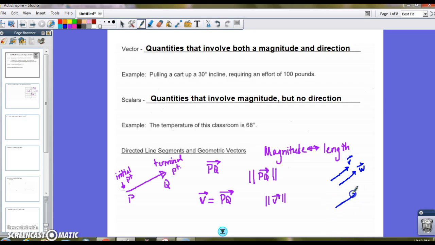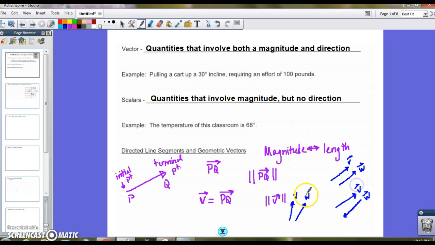However, I could have this vector v and this vector w, which are equal in length, but they're going in opposite directions. So they're not equal vectors. They have the same magnitude but different directions. They may be going in opposite directions. They might be going askew. Maybe you have this one v and this one w going not in opposite directions, but different directions.